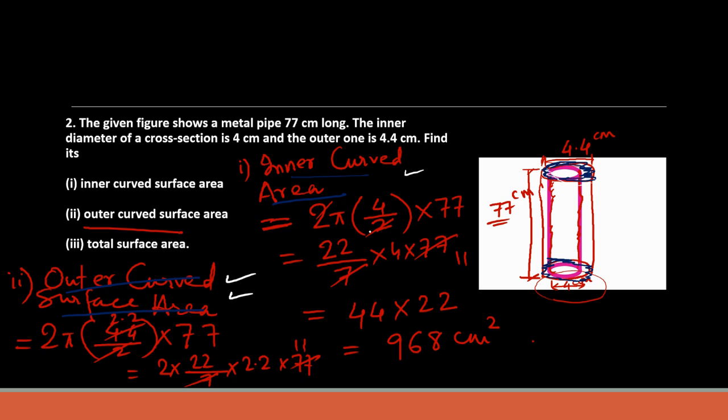Okay. And one more thing, in your boards, don't just write centimeter square at the end just like that. Either write centimeter square all through, this centimeter square, this centimeter square, and this centimeter square, or don't write centimeter square at the end, just write 968 and then write the answer: therefore the inner curved area is 968 centimeters square. But I prefer if you write the units all through.